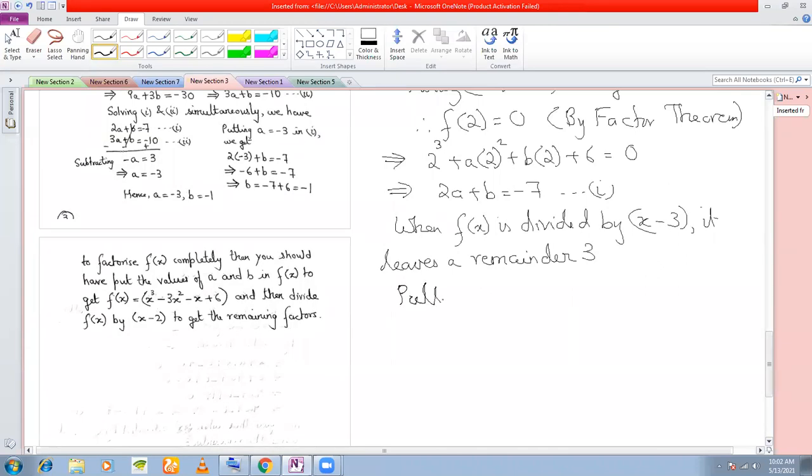If you remember your remainder theorem, putting x minus 3 equal to 0, we get x equal to 3. So this time f(3) must be equal to 3, because the remainder here is 3, by the remainder theorem.